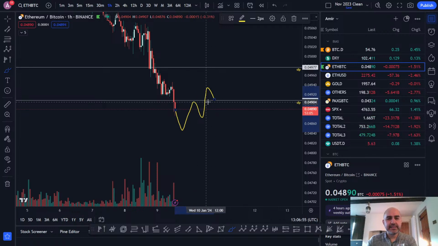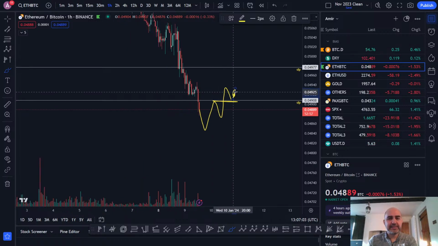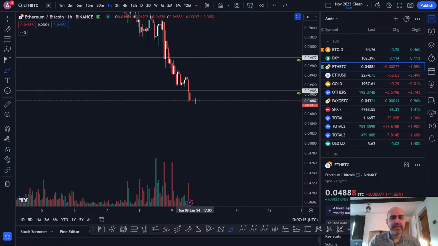You used to suddenly see that behavior, and you get like a back test. That's basically telling you that that's the first thing you want to see for a reversal when it comes to ETH BTC. ETH BTC isn't going to reverse unless it gets back above this line. That's the point that I'm making.